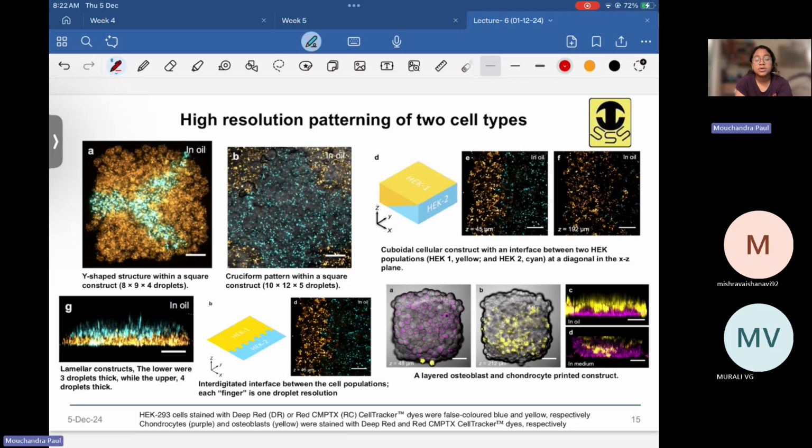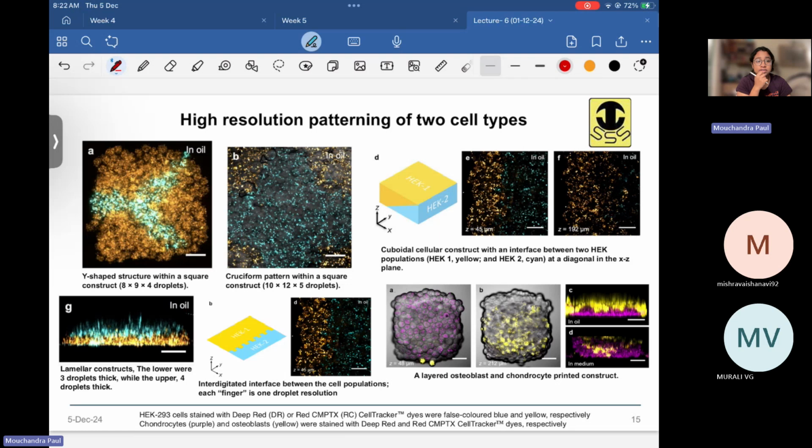Okay. Now, they have demonstrated the power of their technique by printing multiple types of cells, basically two types of cells in different patterns. So they used HEK, as I told you, human embryonic kidney cells. The entire name of the cell line is HEK 293.